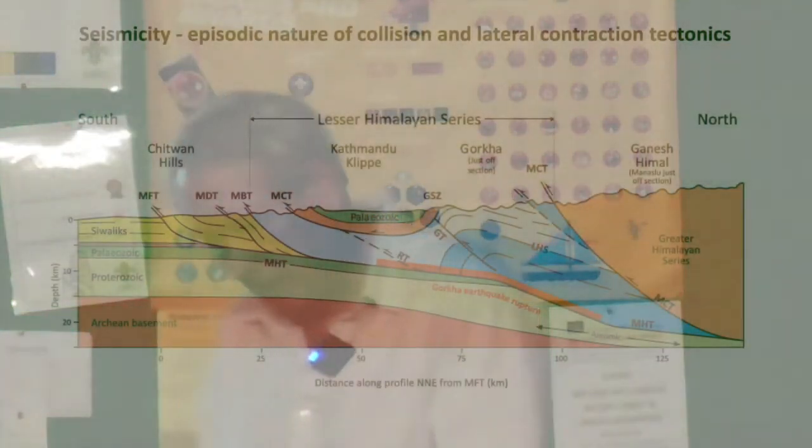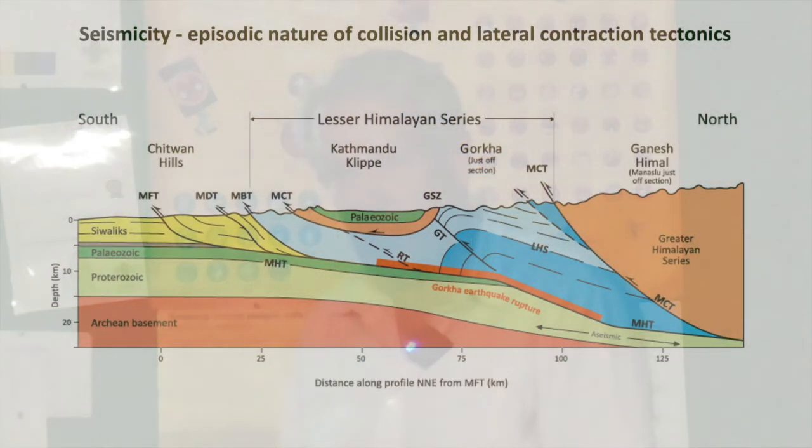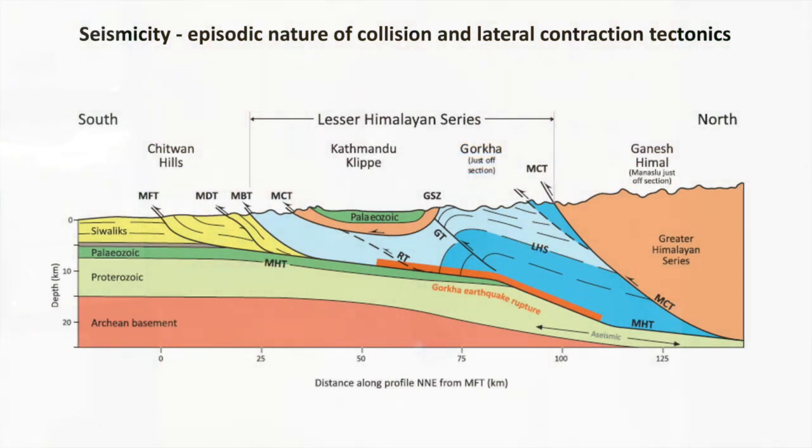Now, this collision, it didn't happen gently. It didn't happen gradually over time. It happened episodically. You build up tremendous tension on these thrusts, and eventually that tension gives, and you get an earthquake. You get a movement on the thrust.